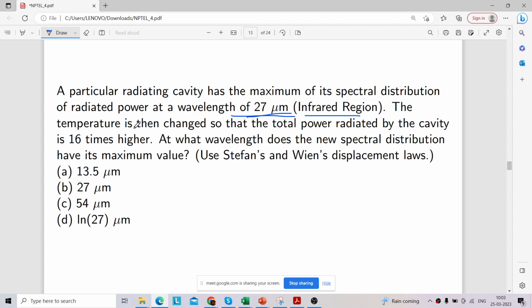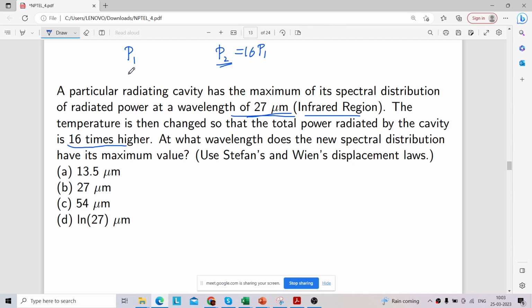Then the temperature is changed so that the total power radiated by the cavity goes to 16 times. So we have initially power, let's say P1, and finally we have power P2. This P2 is now 16 times the initial power P1. Then at what wavelength does this new spectral distribution have its maximum value?